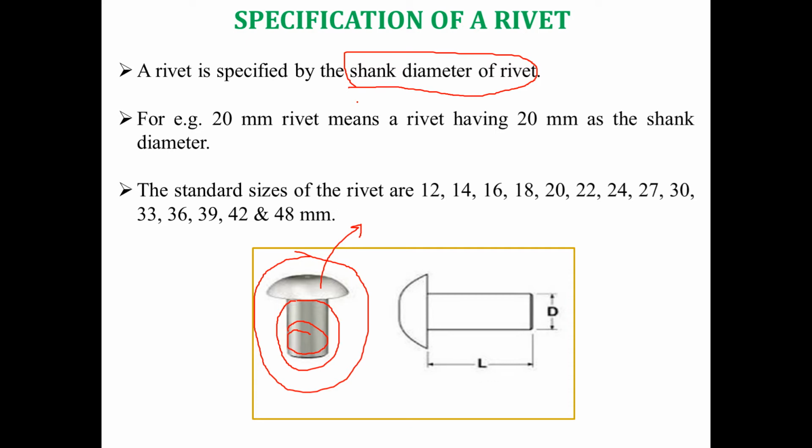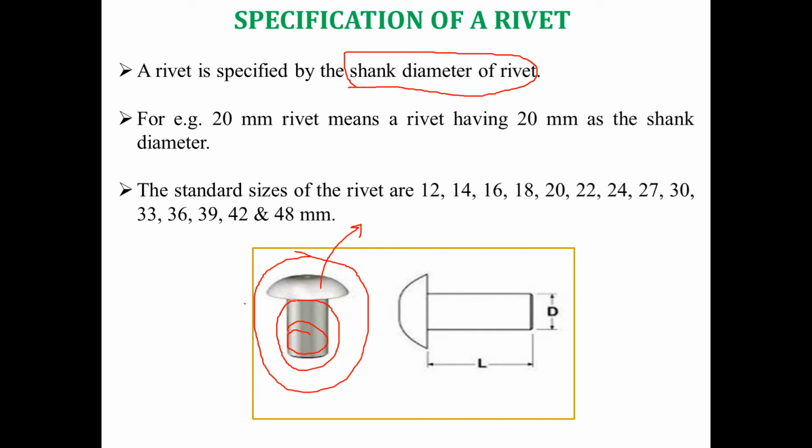Or you will tell him that I want an 18 mm rivet, a rivet whose specification is 18 mm. Then the shopkeeper will give you a rivet whose shank diameter is 18 mm. Normally, rivets are available in the following standard sizes.